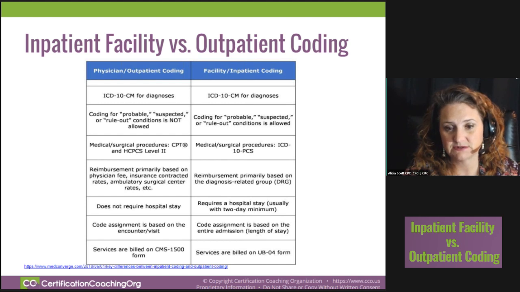but the diagnosis is how you're being reimbursed, okay? Reimbursement, again, as the next block shows, is primarily based on what the physician's getting paid for his services. Sometimes it's based on the insurance rates.